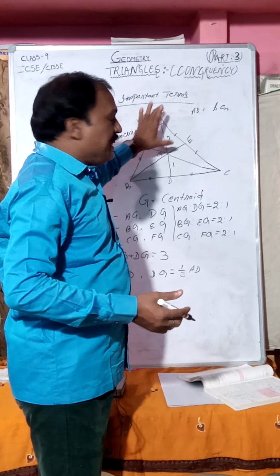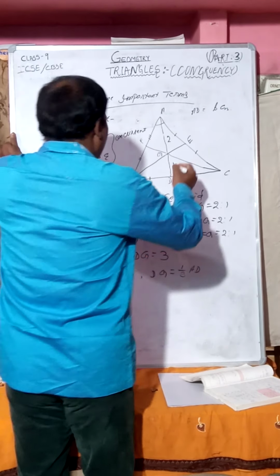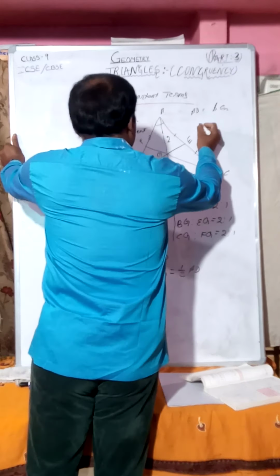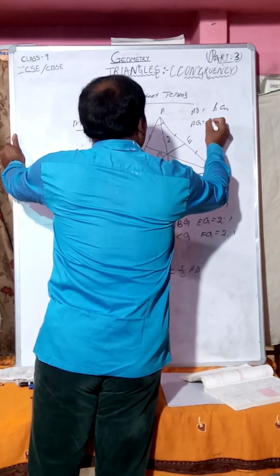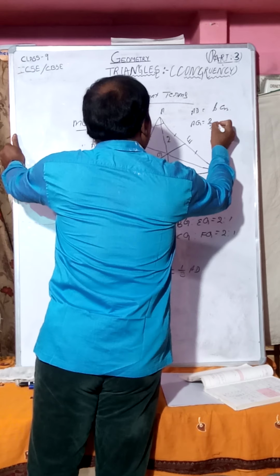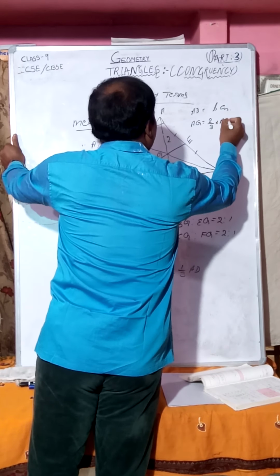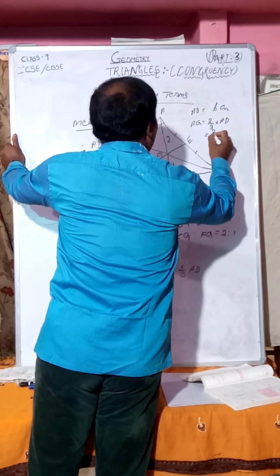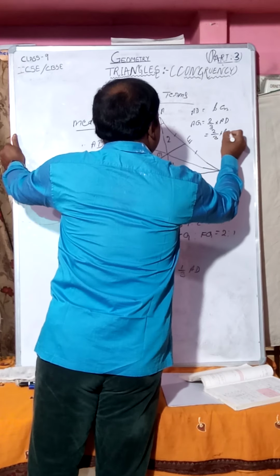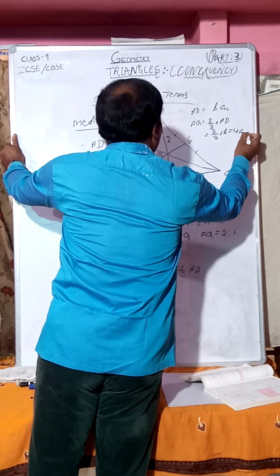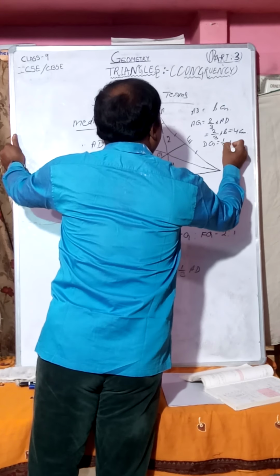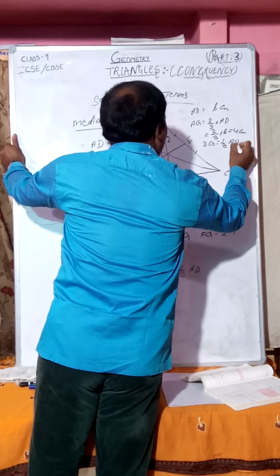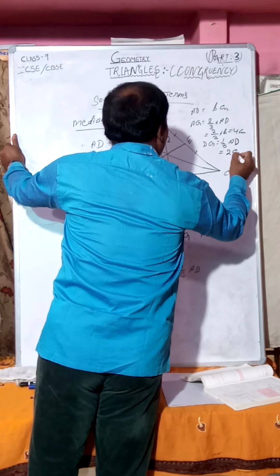So AG is equal to 2/3 of AD, means 2/3 into 6, that is 4 centimeter, and DG is equal to 1/3 of AD, that is equal to 2 centimeter.